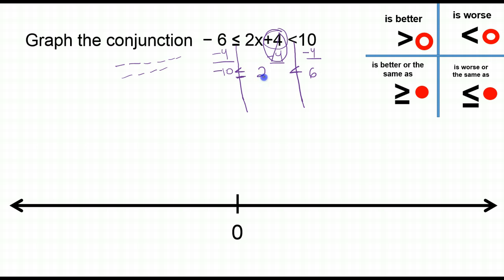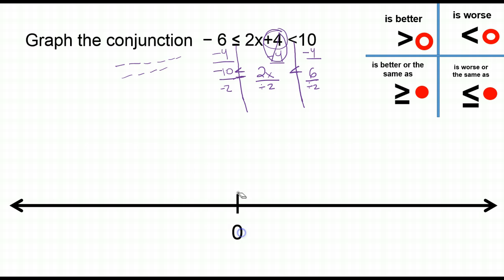All right, I'm left with 2x. A lot of people don't know this, but this 2 is being multiplied by x right there. Yeah, you can see it. So what's the opposite of multiplying? Dividing, right? So I'm going to divide that by 2, by 2, by 2. Oops, sorry about that. Let me just erase that really quick.